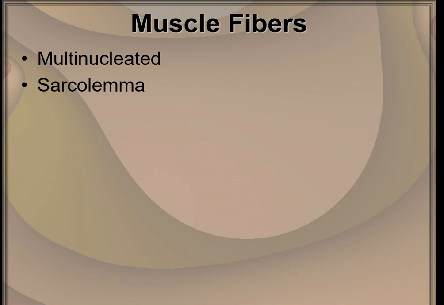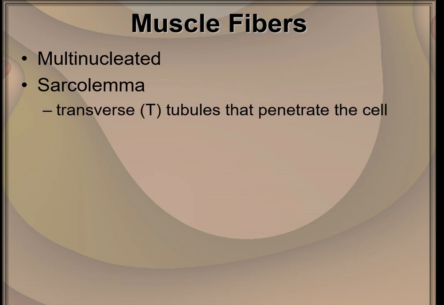And it goes up and down the cell, right? Plasma membrane always is what defines the cell. It's the outer border of the cell. Outside of that outer border of the sarcolemma, we're going to have connective tissue, and it's going to be what kind? Endomysium. Good. Now, this sarcolemma has another characteristic about it known as transverse T-tubules.